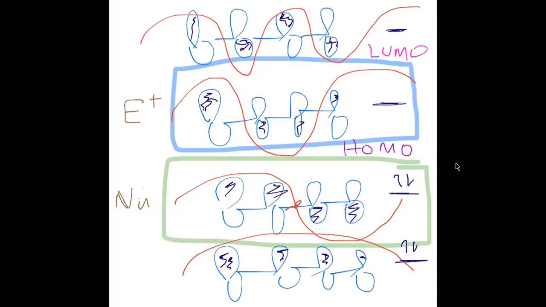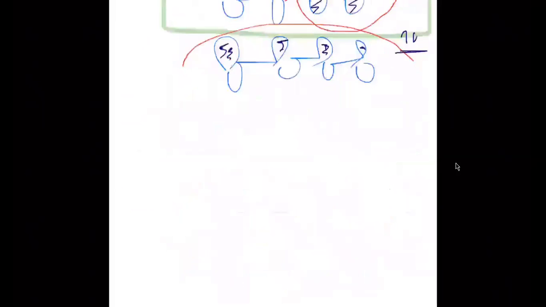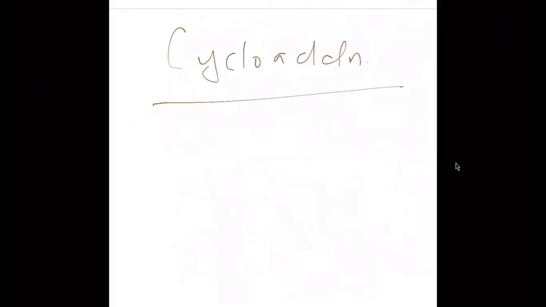All right. So I'm gonna put this here. And there's a lot of different cycloaddition reactions. You can have a 2 + 2, you can have a 3 + 2, but we're going to focus on 4 + 2 cycloaddition.